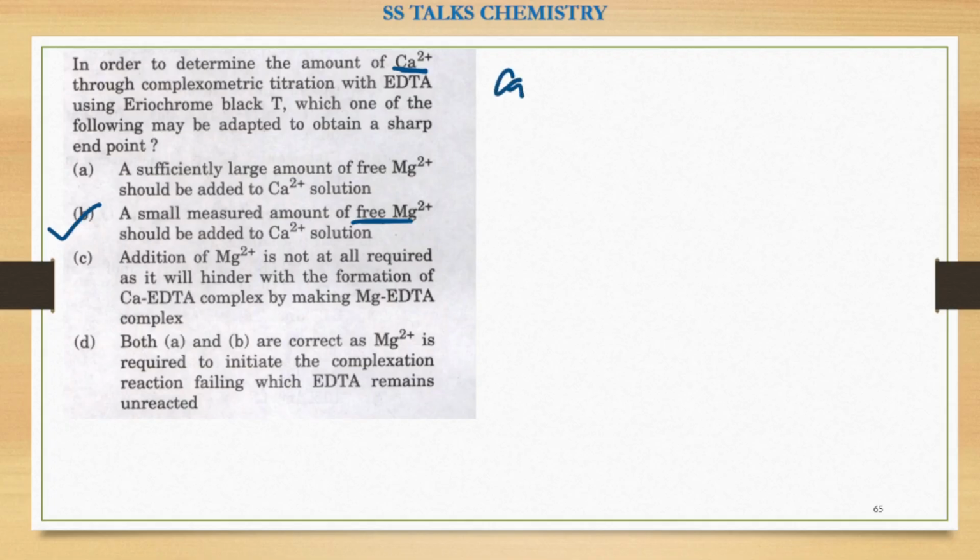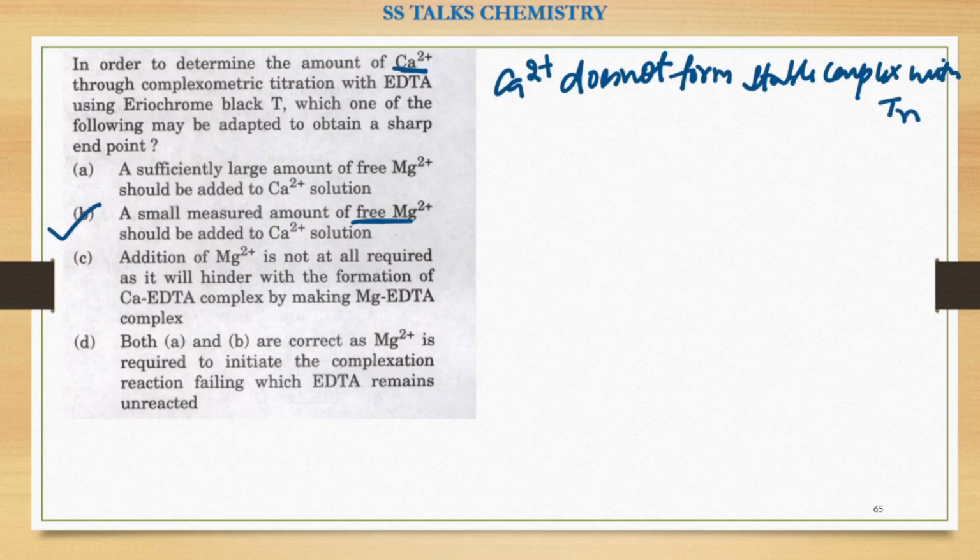So calcium does not form a stable complex with the indicator. So what we do is we add a small amount of magnesium ions, which on treatment with the indicator give you a red wine color. Now, when we add EDTA from the burette, it will first react with the calcium ions and then with the free magnesium.